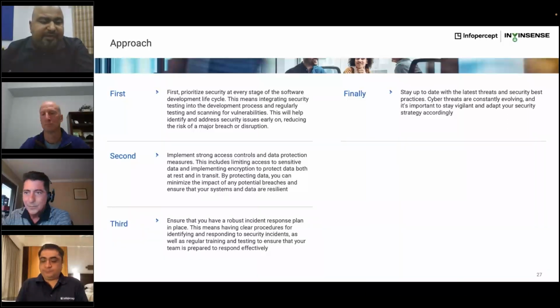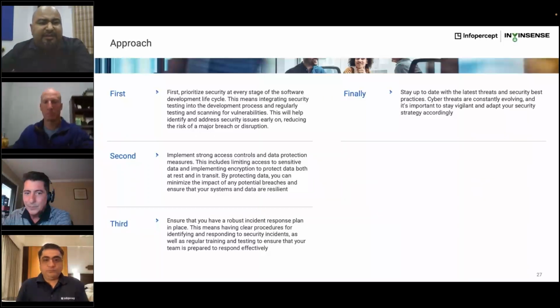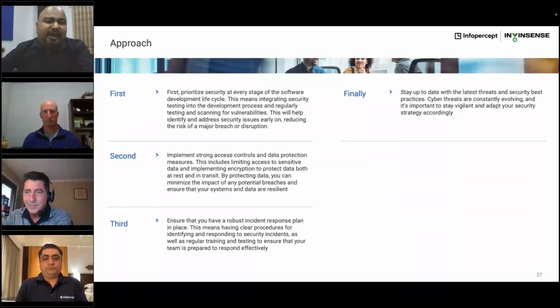Firstly, when we look at the DevSecOps process for cybersecurity resiliency, the first step is to prioritize security at every stage of the software development lifecycle. That means integrating security testing into the development process and regularly testing and scanning for vulnerabilities. This will help identify and address security issues early on, reducing the risk of a major breach or disruption.